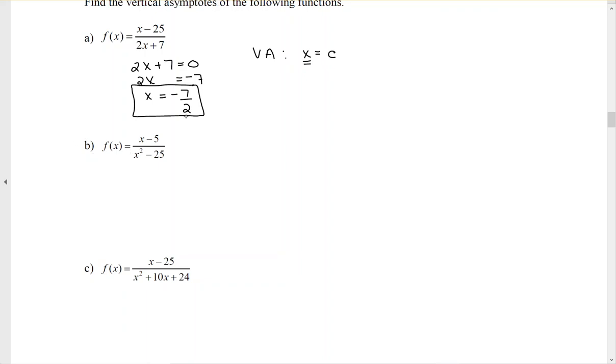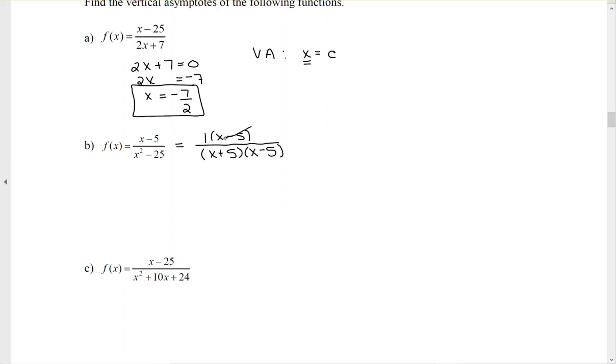For part B, I see that I have x squared minus 25 in the denominator, so that is something that you can factor. It's the difference of two squares. The numerator doesn't factor. I mean, I can pull out the number 1 if I want, but that's it. The denominator factors into x plus 5 times x minus 5, difference of two squares.